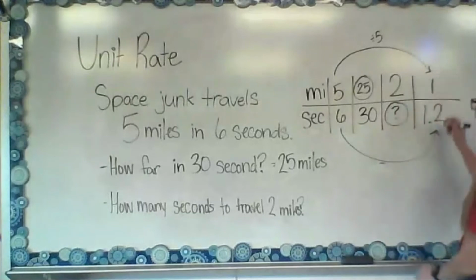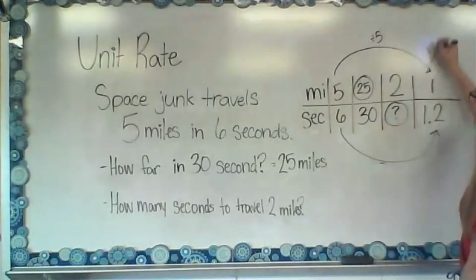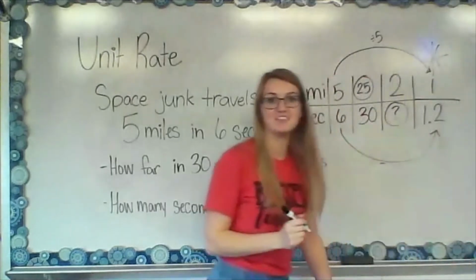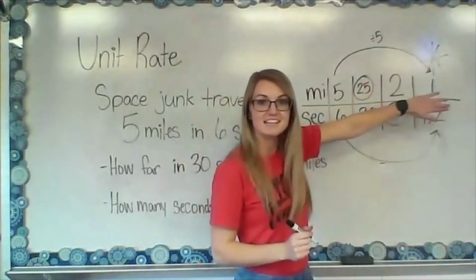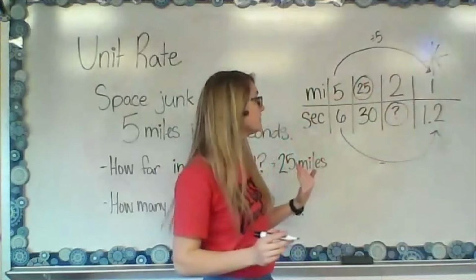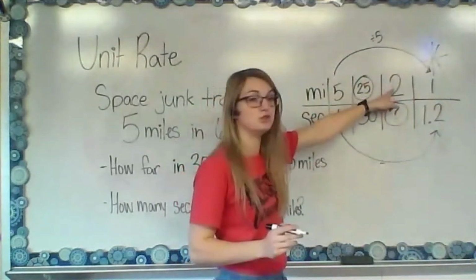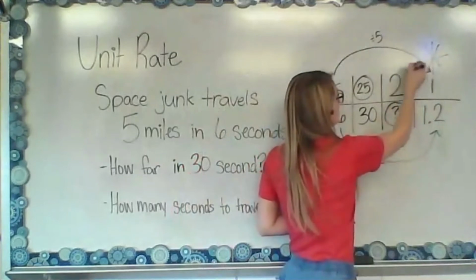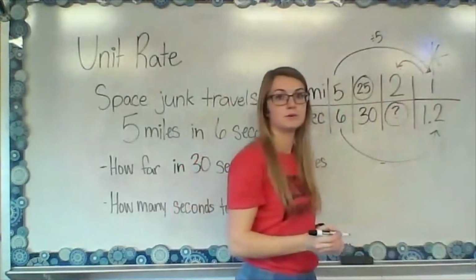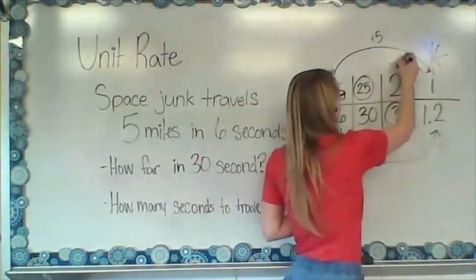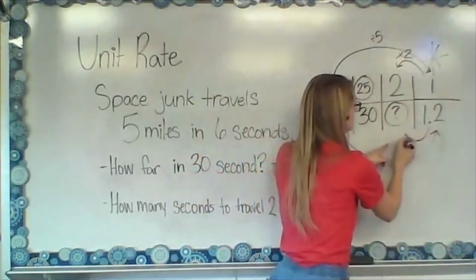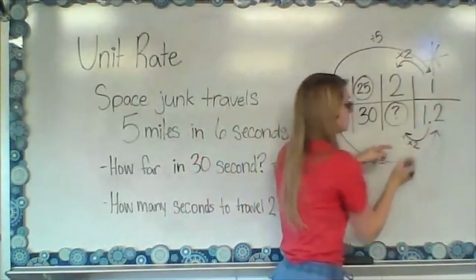Now we have the unit rate. This right here. This is the unit rate. Okay, I'll flip. All right. Now we're still trying to figure out how long is it going to take us to go 2 miles. So here we go. How do you go from 1 to 2? Times 2. So I'm going to times by 2, which means I have to take 1 and 2/10 times 2.